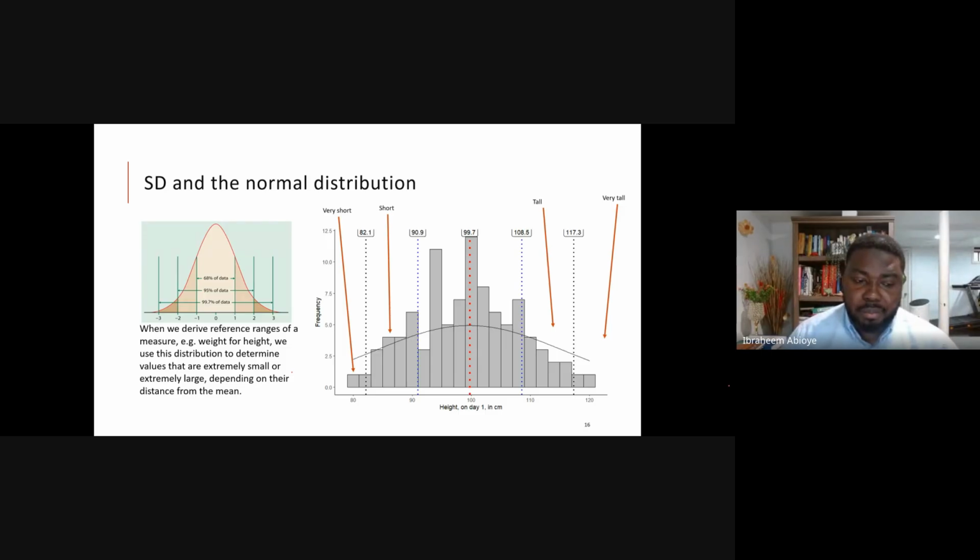But you would expect the majority of the population's blood pressures to lie between -1 standard deviation and +1 standard deviation. The same thing applies to height as well, right? So we've talked about this as an example we've seen before.